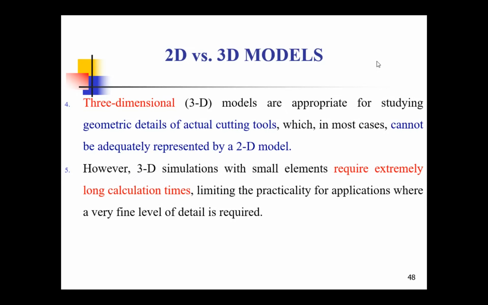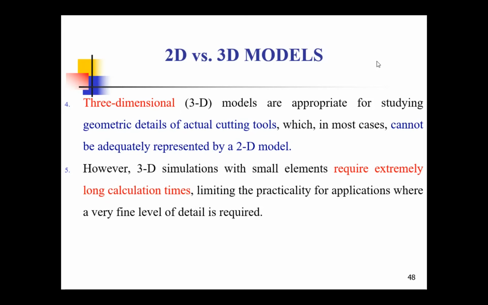But with the same dimensions, compared with 2D, 3D has larger computational times. It may run for a day or two, depending upon the finer meshes that we are going to consider. I have simulated this machining process, and it took 10 to 12 hours.